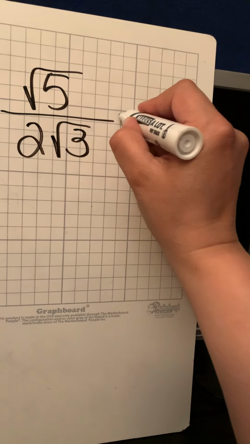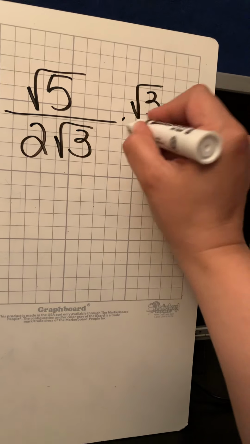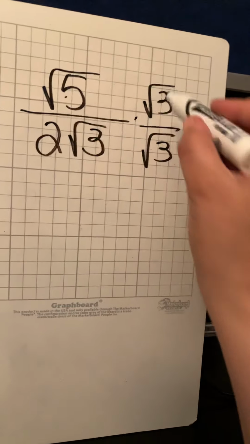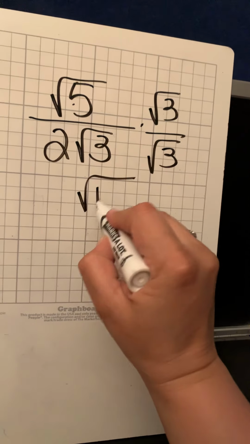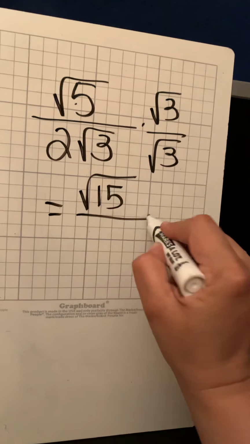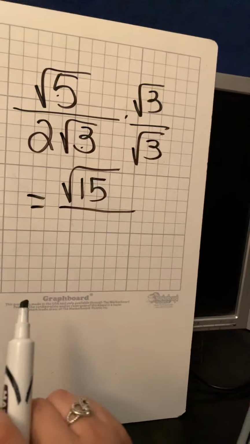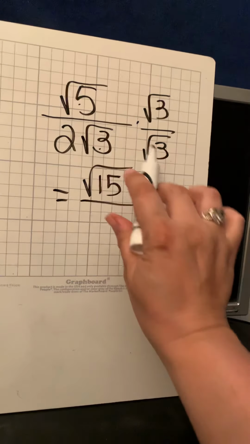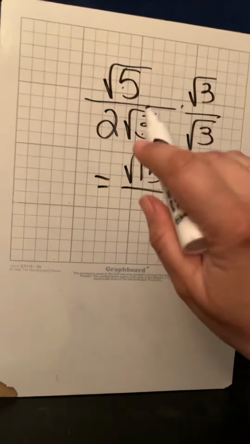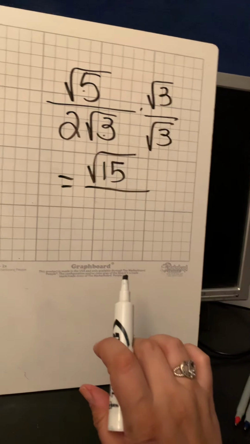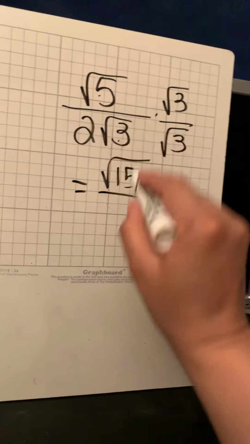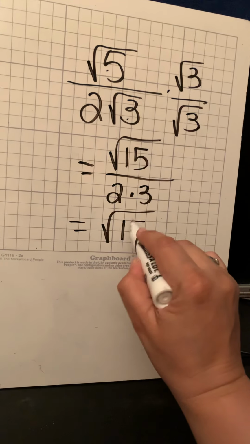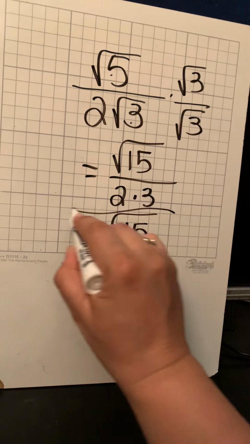So I'm going to multiply both the numerator and the denominator by that root 3. Well, what's root 5 times root 3? Root 15. Root 3 times root 3. Now remember what I said. When you have two radicals that are exact same, you're just left with that number. Or you can think of it as the square root of 9, which is 3. So then I'm going to be taking 2 times 3. So it's going to be root 15 over 6. Done.